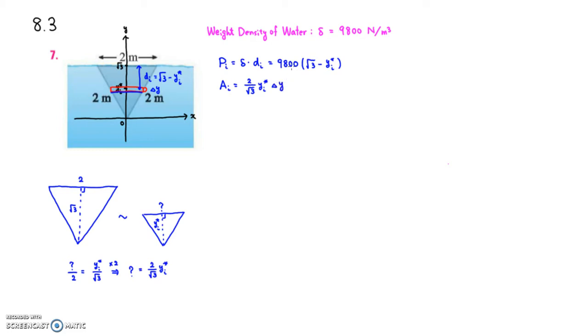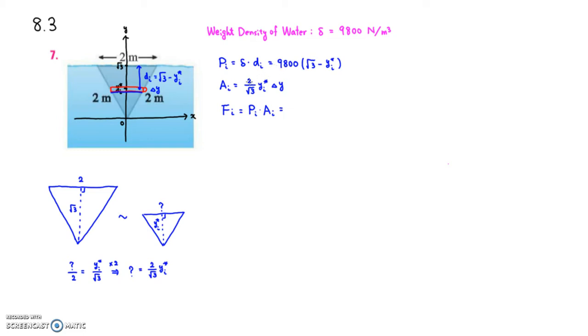Once you find Pi and Ai, we can find the hydrostatic force just on that approximating rectangle. This is simply Pi times Ai. So let's put them together and multiply these.